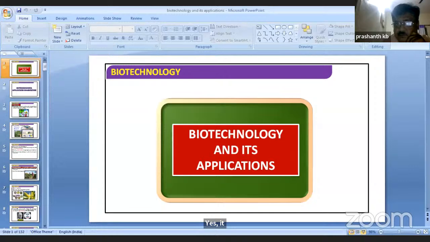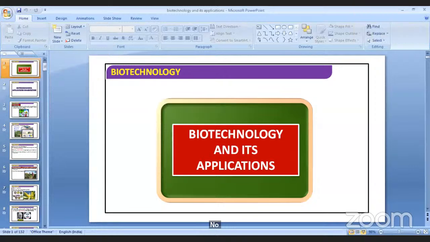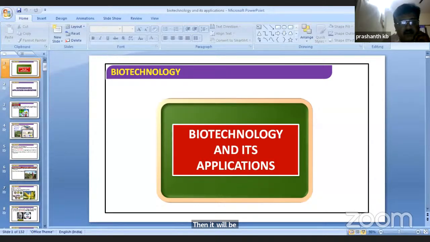Sir, when you share the screen and select the full screen image, then it will be clear. Share the screen from the new share screen. I'm sharing the screen. Okay, now maximum view.